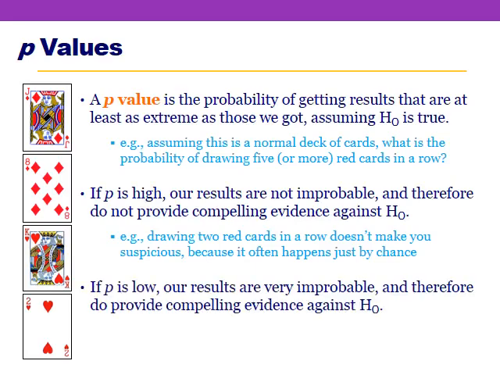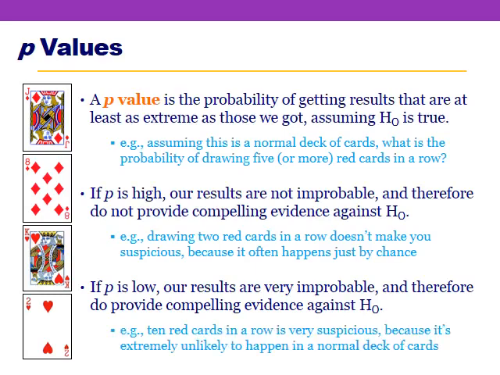However, if our p-value is very small, what that's telling us is that the results that we got are very odd, very improbable. And that means that they provide strong evidence against the null hypothesis. So whereas drawing only 2 red cards in a row is weak evidence, drawing, say, 10 red cards in a row is strong evidence.